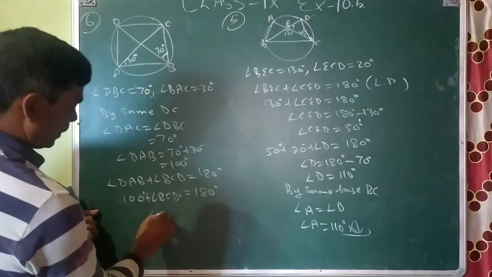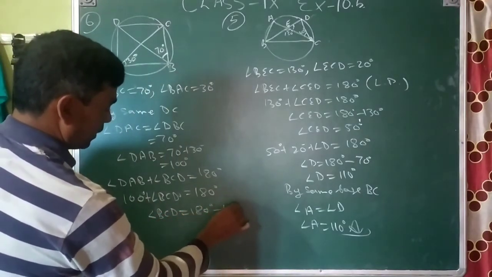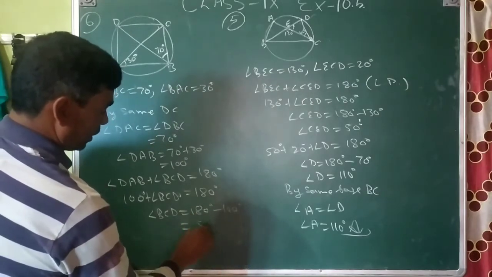So BCD is equal to 180 minus 100, which is equal to 80 degrees.